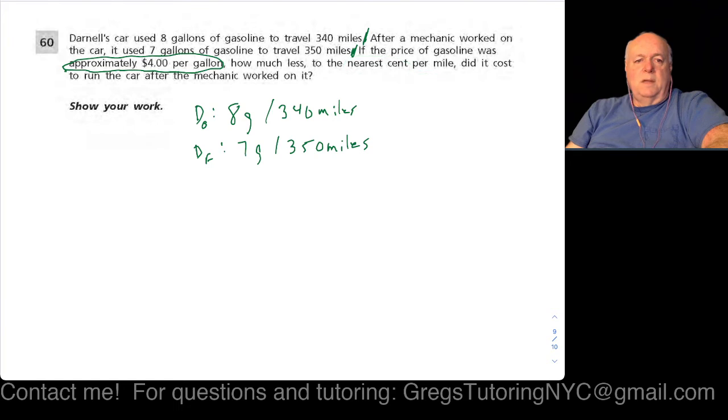So if it costs $4 per gallon times 8, then it costs approximately $32 to do this. Okay, the same here. If he went for 7 gallons and it cost approximately $4 a gallon, then here he did $28. Okay.